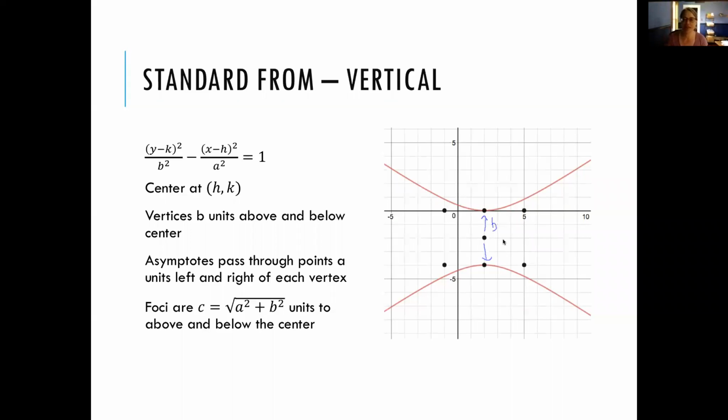Okay. Notice it doesn't matter which is bigger. You can see from this graph that my horizontal distance, a, is actually bigger than b. That is irrelevant because what matters is which one is subtracted. So if x is subtracted from y, then we have a vertical hyperbola.